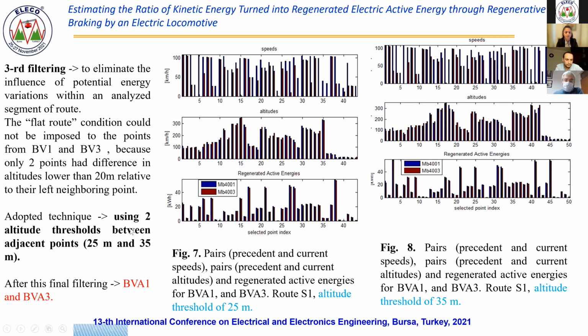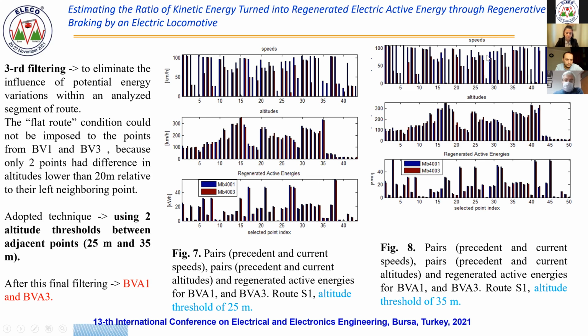So we had to use 2 altitude thresholds between adjacent points, 25 meters in the left part, 35 meters in the right part. After this final filtering, you can see we have more points when considering a higher threshold. We got this number of points.